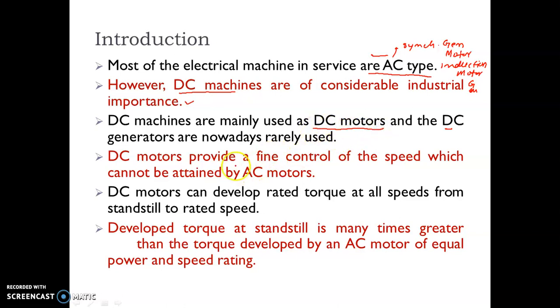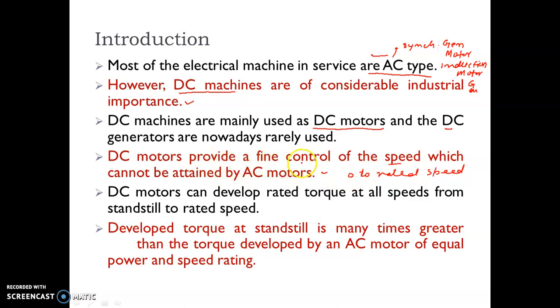DC motors provide fine control of speed, which cannot be attained by AC motors. Speed control is very difficult for AC motors. Speed control means control from zero to rated speed, which is obtained very easily by using a DC motor.